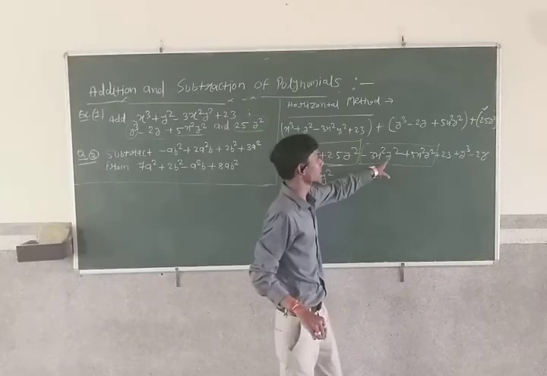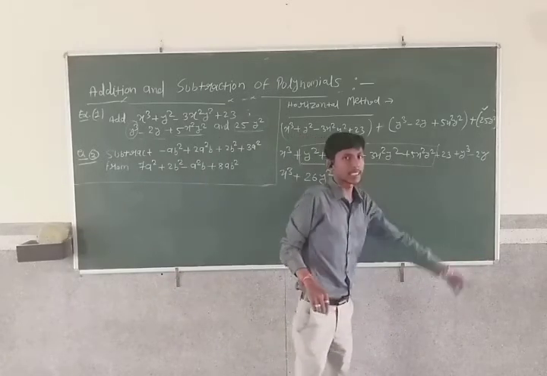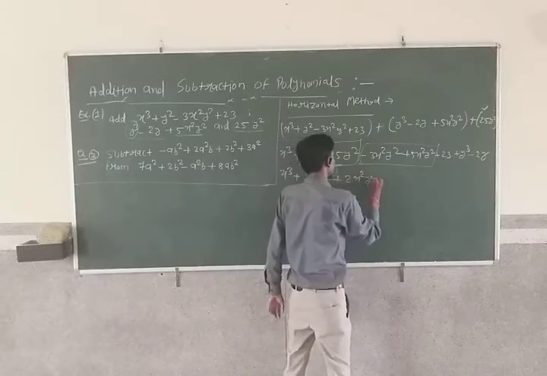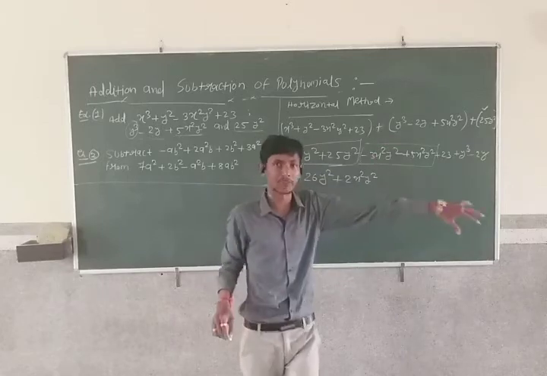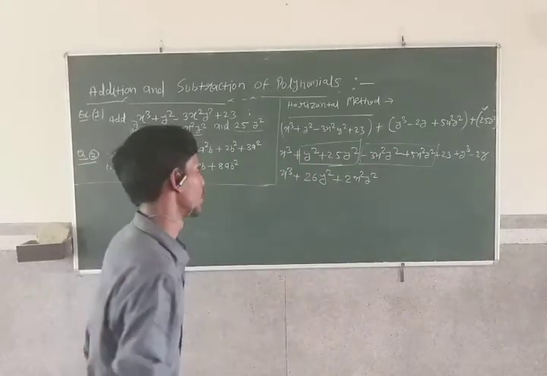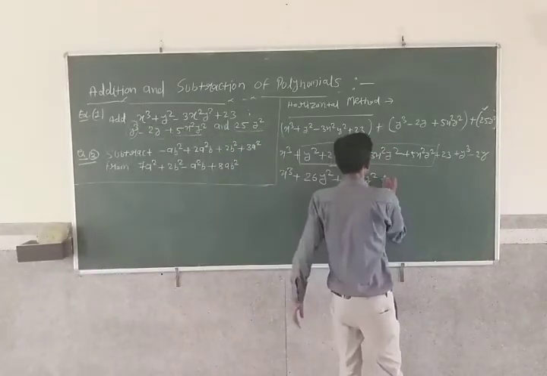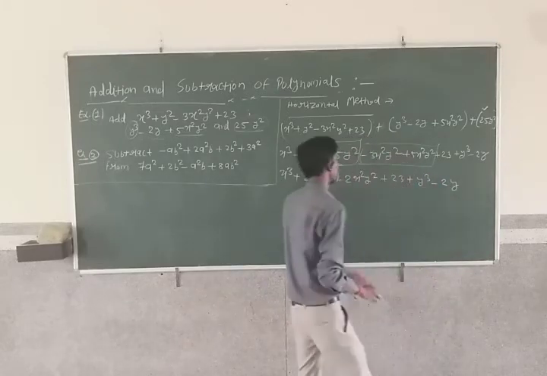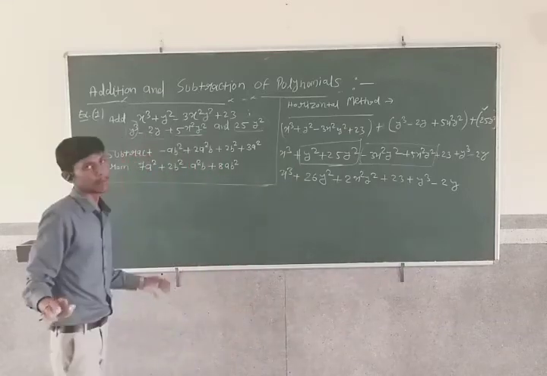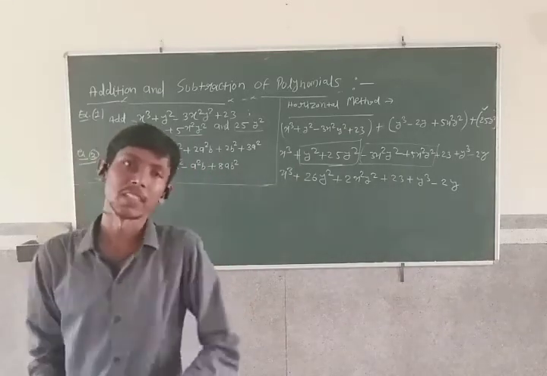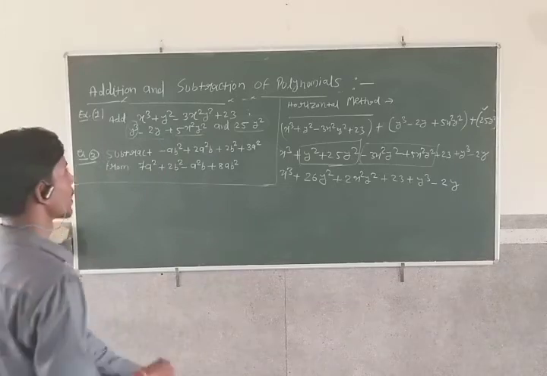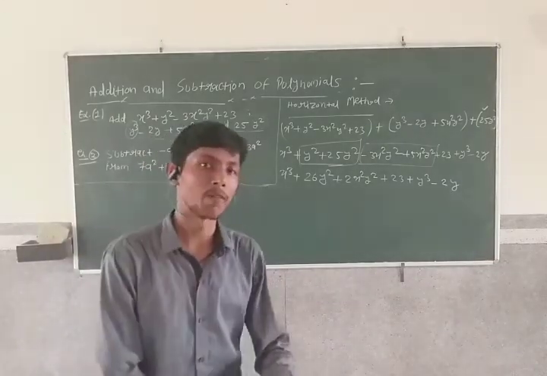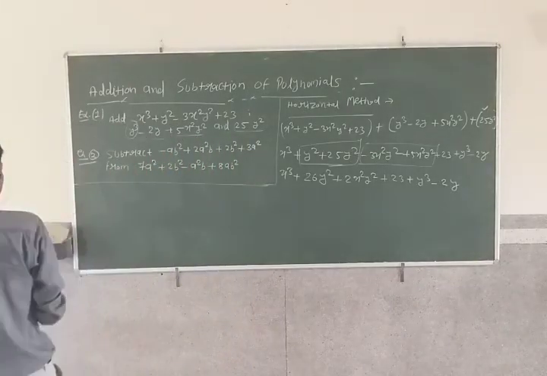So minus 3x square y square plus 5x square y square can be written as plus 2x square y square, because minus 3 plus 5 is plus 2. And then the remaining terms cannot be added because all the terms now are unlike terms. So we cannot simplify it. So in the horizontal method, we should combine all the like terms and then we can perform addition or subtraction.